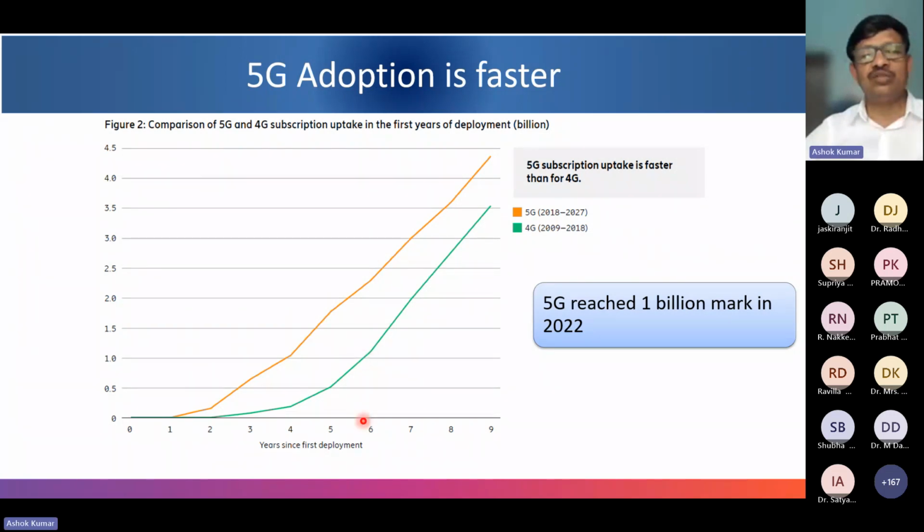Mark this point, 4G took 6 years to reach the 1 billion mark. Whereas the orange one took only 4 years to reach 1 billion, right? So that means adoption of 5G was 2 years ahead compared to 4G in reaching the 1 billion or 100 crore subscriber mark. So 5G adoption is faster, and this 1 billion was achieved in December 2022. So that means adoption is faster.